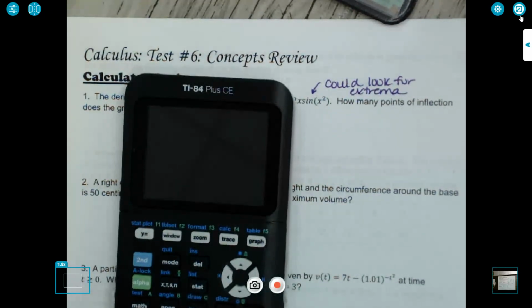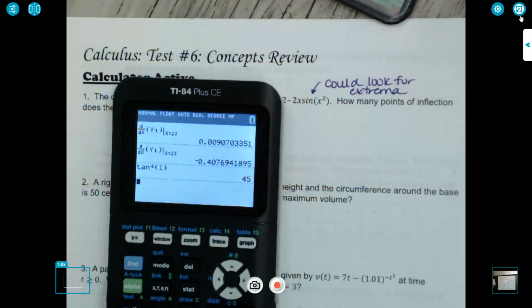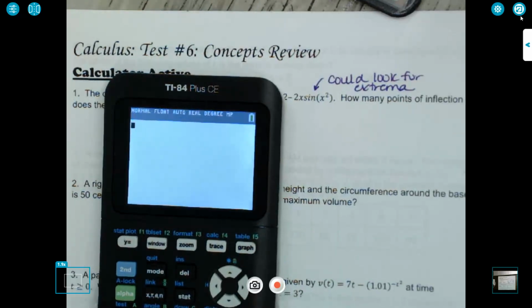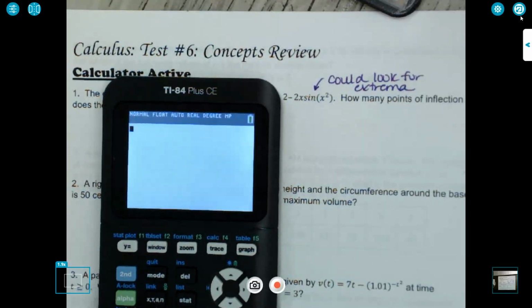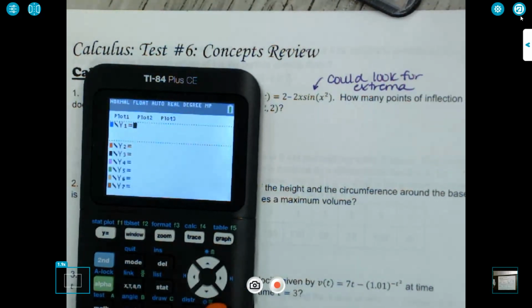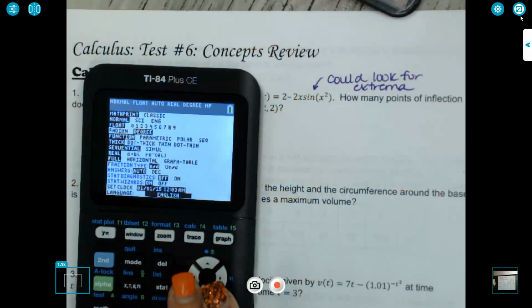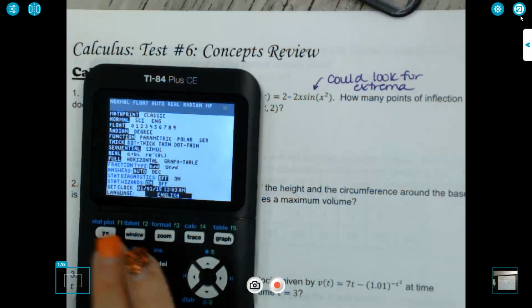Okay, so good thing is sitting over here, I don't have as bad of a glare, so hopefully that'll help us a little bit. All right, so if I just type this into y equals, okay, so 2 minus 2x sine x squared. Make sure I am in radians, which I am not.